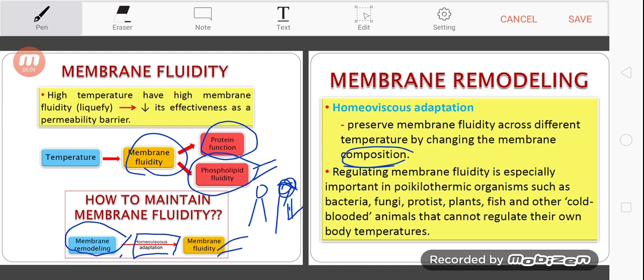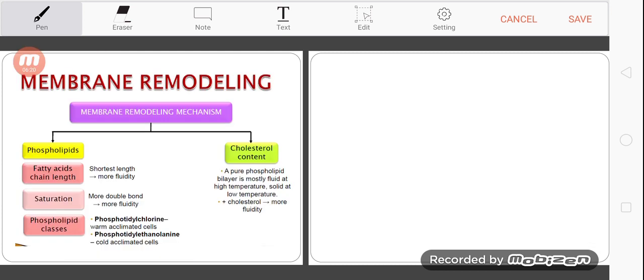Regulating membrane fluidity is especially important for poikilothermic organisms, because they tend to tolerate the environmental or ambient temperature. So what happens in the membrane remodeling mechanism? There are two compositions that can be altered: one is the phospholipid itself, and the other is the cholesterol content.